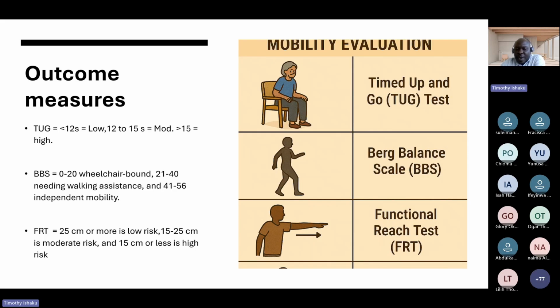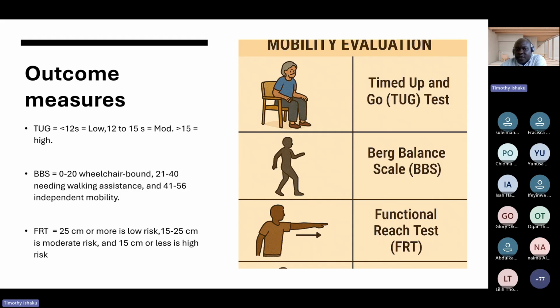But it's not only the numbers, it's also the clinician's observation of the quality and things like that. Anything between 12 to 15 seconds is moderate. Anything more than 15 seconds is high risk. But I understand, especially with amputees, for example, you can have modifications. If you look at the patient's situation, you can have modifications. There is nothing wrong with it. You can look at it in your context.